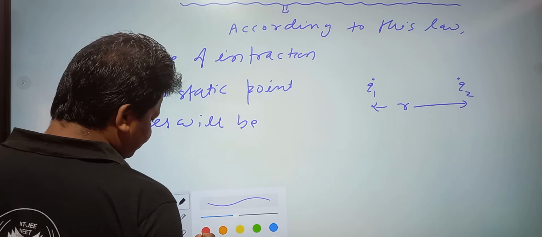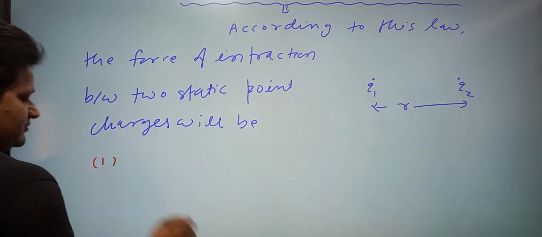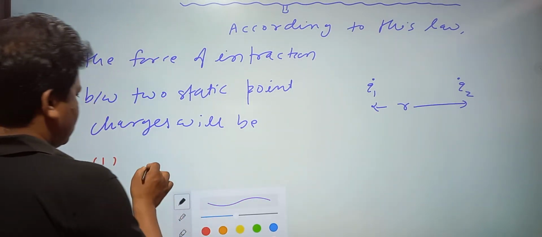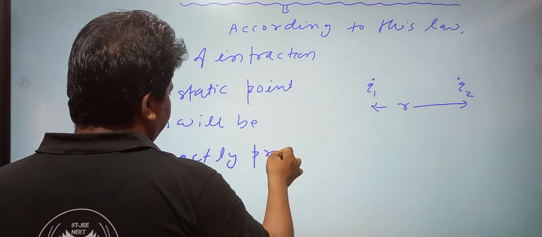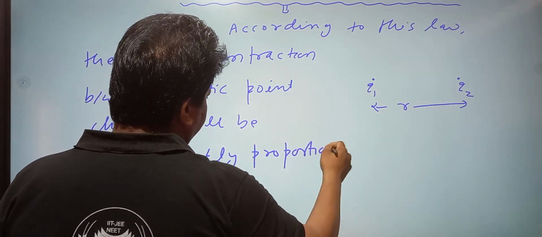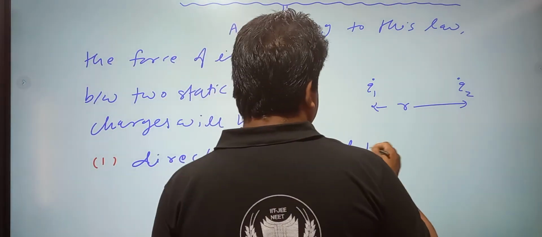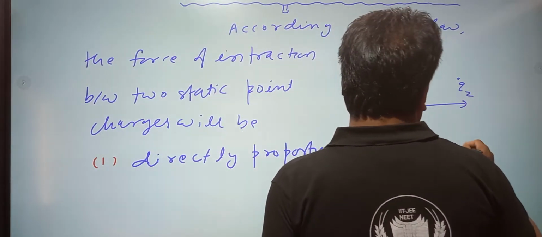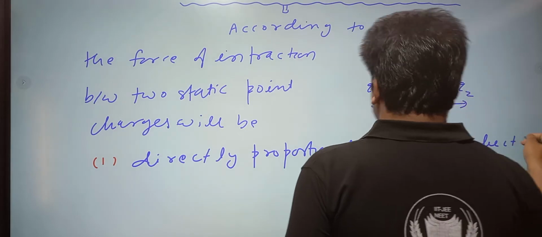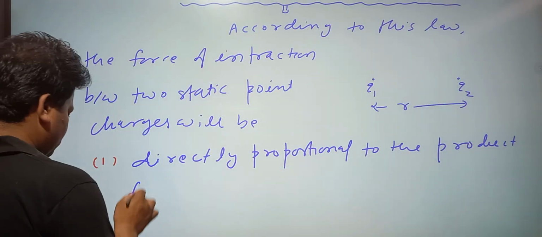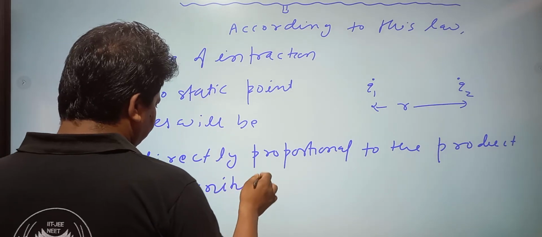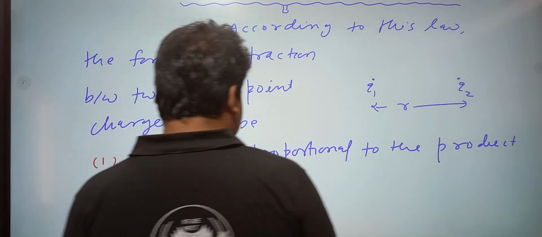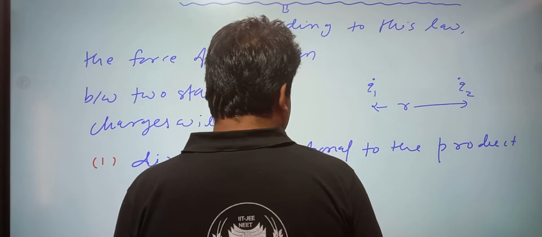The first point is: directly proportional to the product of magnitudes of point charges.